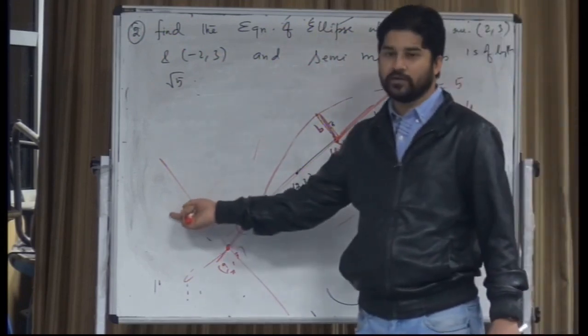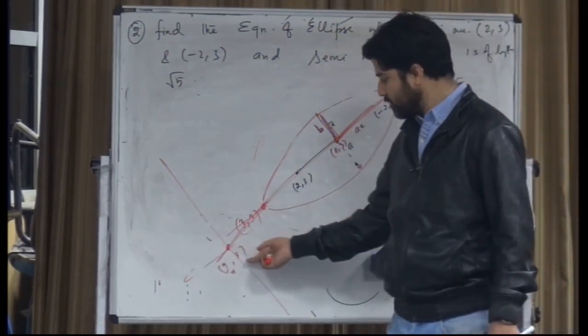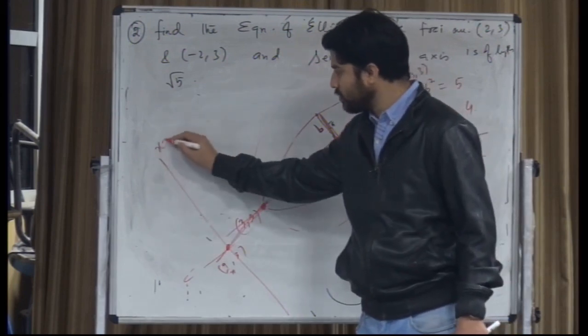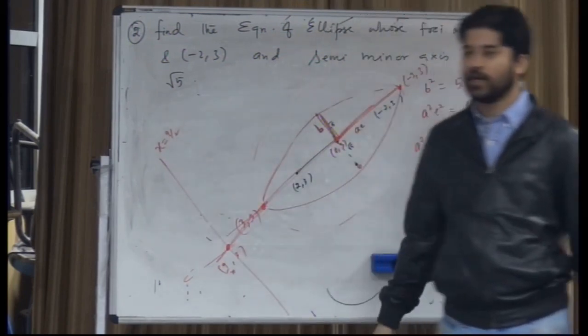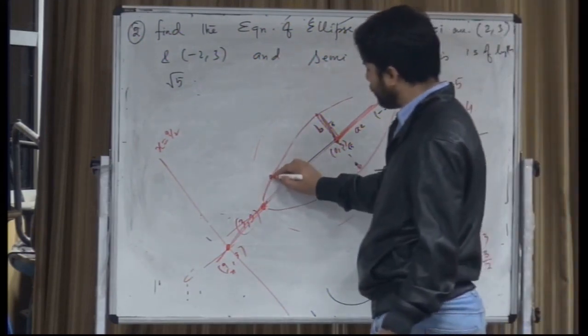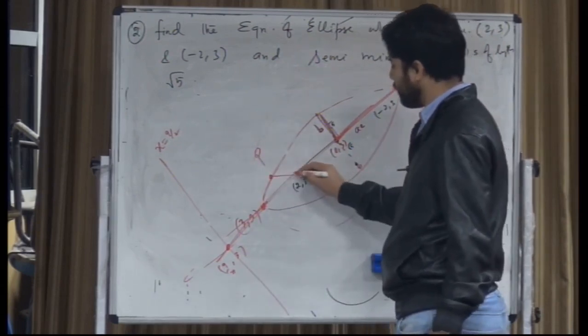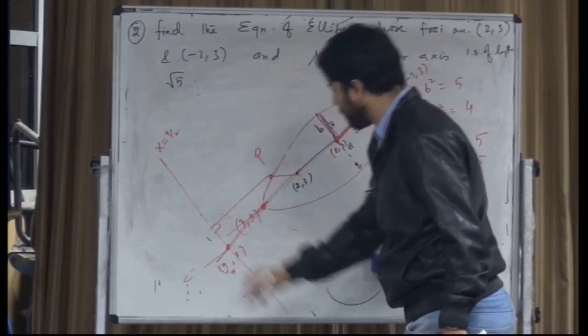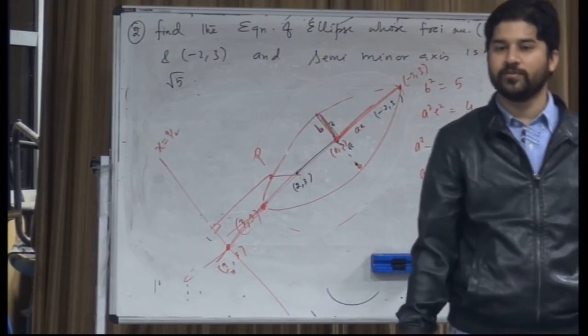So ये क्या हो गया? 90 degree, which means x is equal to 9/2. So any moving point P, PF upon PM. Now can you find the equation of ellipse?